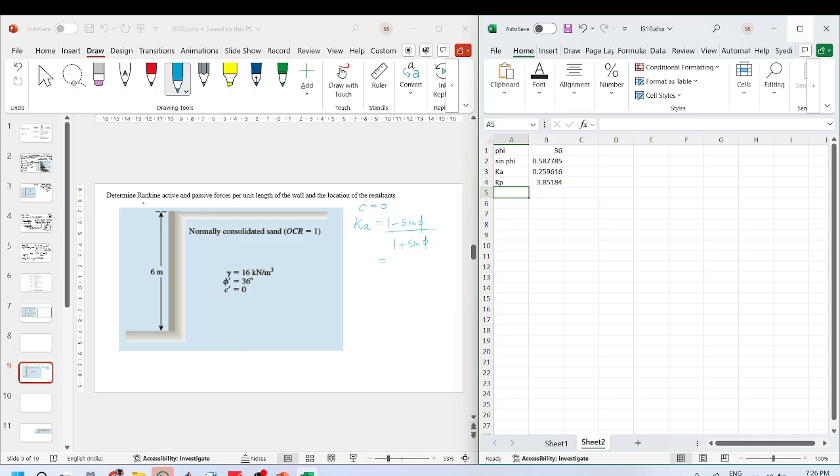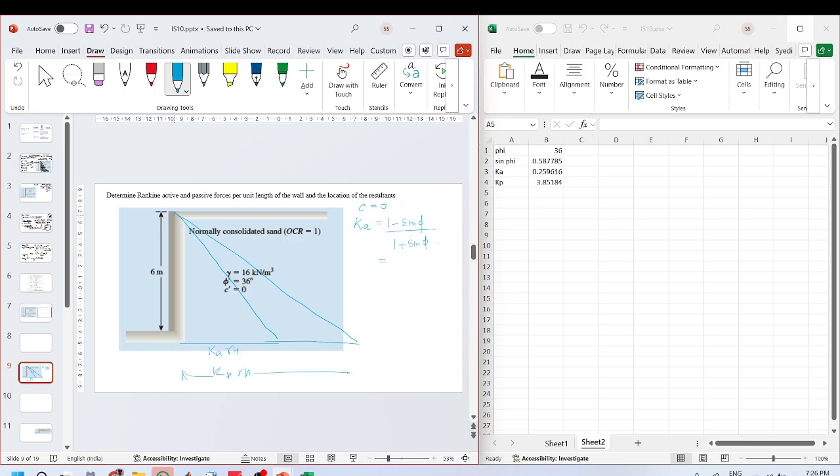Active force will simply be Ka times gamma times h. Passive force will be Kp times gamma times h. Gamma has been given as 16. H has been given as 6.